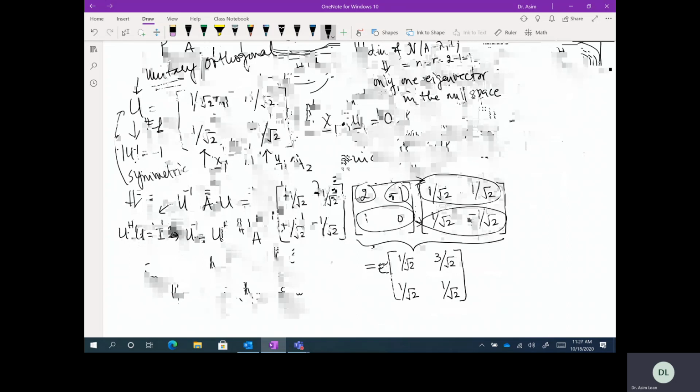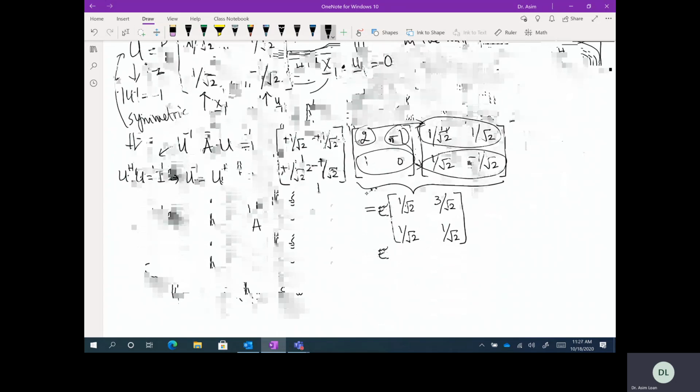When this is multiplied by this one, U inverse A U equals, the first row is multiplied by 1 over root 2, and the second row is also multiplied by 1 over root 2, and then you add them up. So half plus half, this is 1.